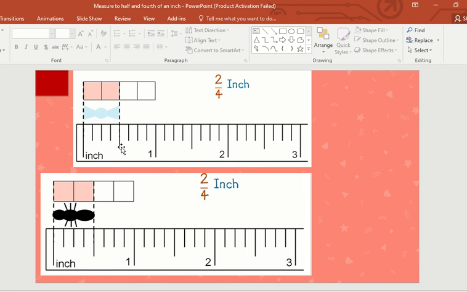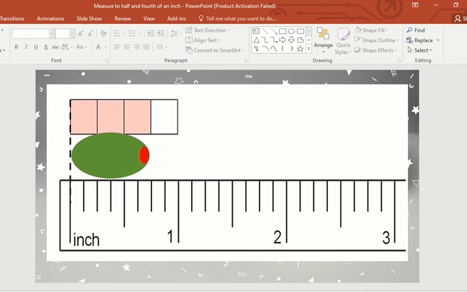We can say it is 1 by 2, or we can say it is 2 by 4, which means the same. For this ant, the same, we can say 1 by 2, because it is a half between 0 and 1. We can say it's half, or we can say it's 2 by 4. Both mean the same.